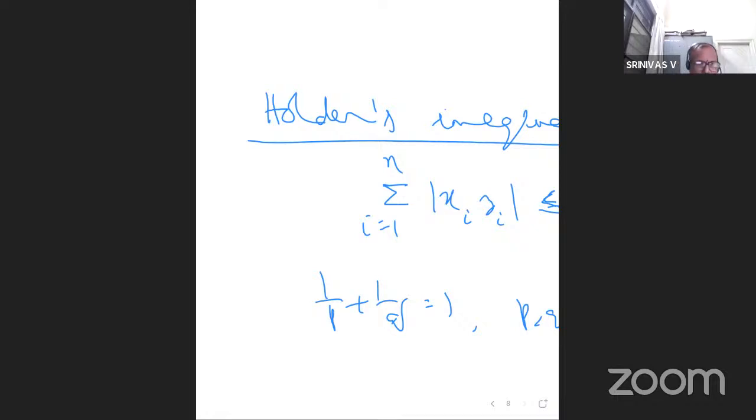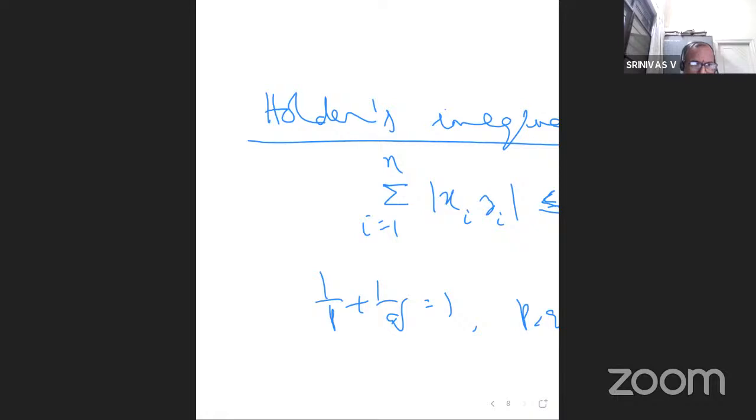You look at this. At this point, this should be dot. In page 8, fifth line from bottom. Students, please correct this. This should be dot: a power 1 by q, dot, b power 1 by q.